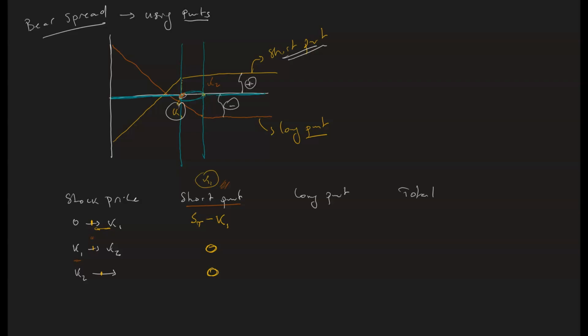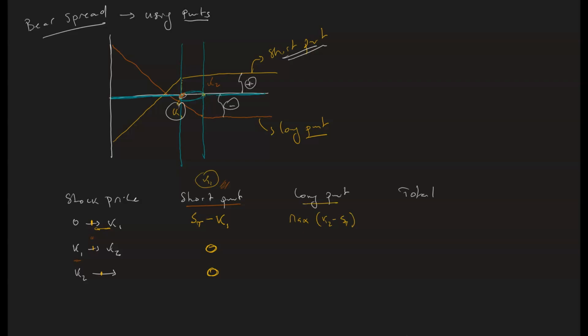Now, how about the long put? Well, with the long put, remember what your payoff on the long put is going to be. The payoff on the long put is the maximum of the strike price, K2 this time, minus the stock price ST. That's the long put.